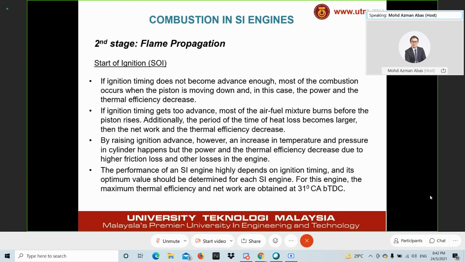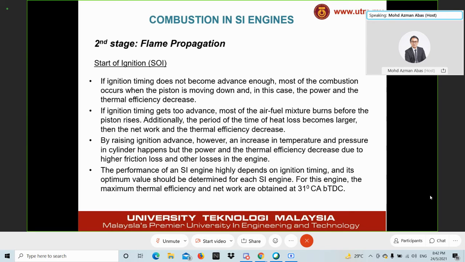If ignition timing is not advanced enough, most of the combustion occurs when the piston is moving down. In this case, the power and the thermal efficiency decrease. If ignition timing gets too advanced, most of the air fuel mixture burns before the piston rises. Additionally, the heat losses become larger than the net work, and the thermal efficiency also decreases.